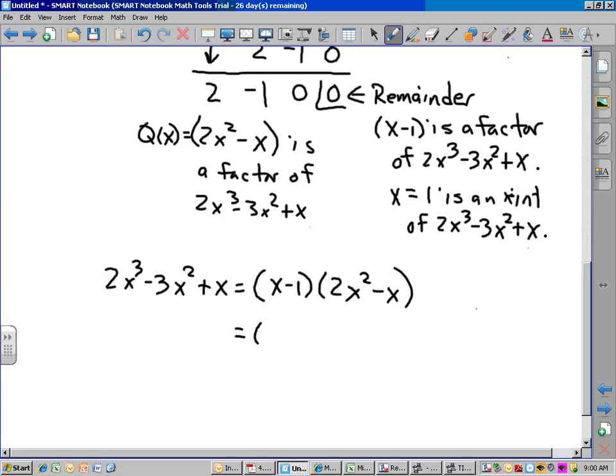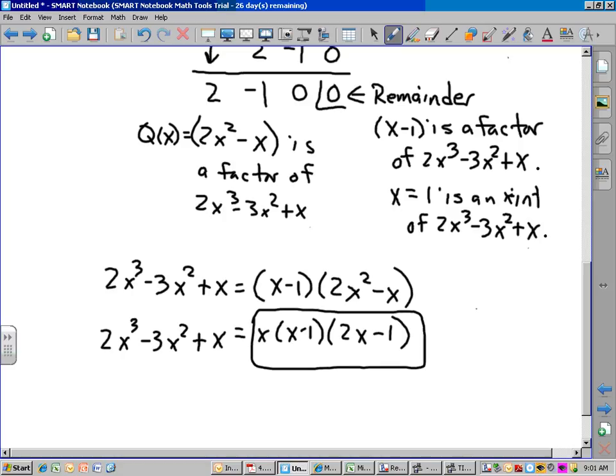We could completely factor this by taking the x out, putting it out front, which leaves us with 2x minus 1. So we have completely factored a cubic. Now that one we may have been able to get away with by originally factoring out an x, but they're not all going to work that way.